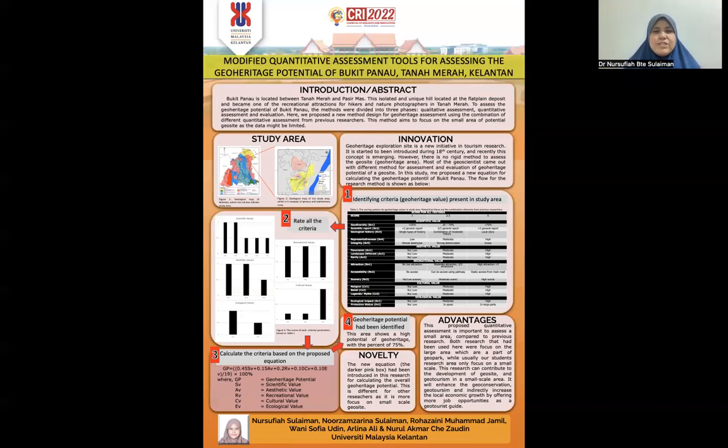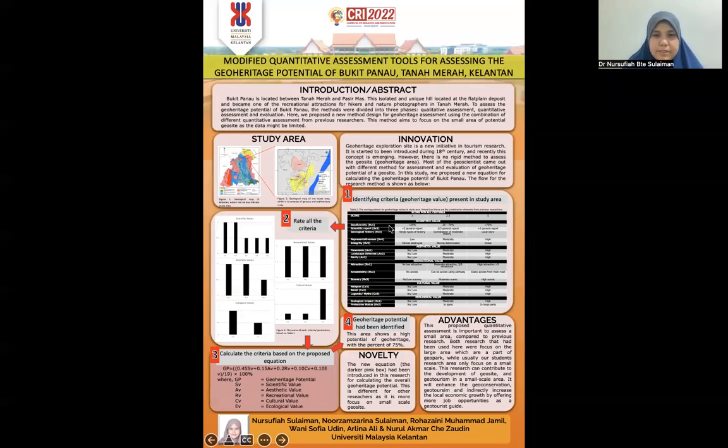So right now, I would like to share the quantitative assessment, the method that we came out with. The first step is identifying the criteria of geoheritage of the study area. We came across the scientific value, aesthetic value, recreational value, cultural value, and also ecological value.